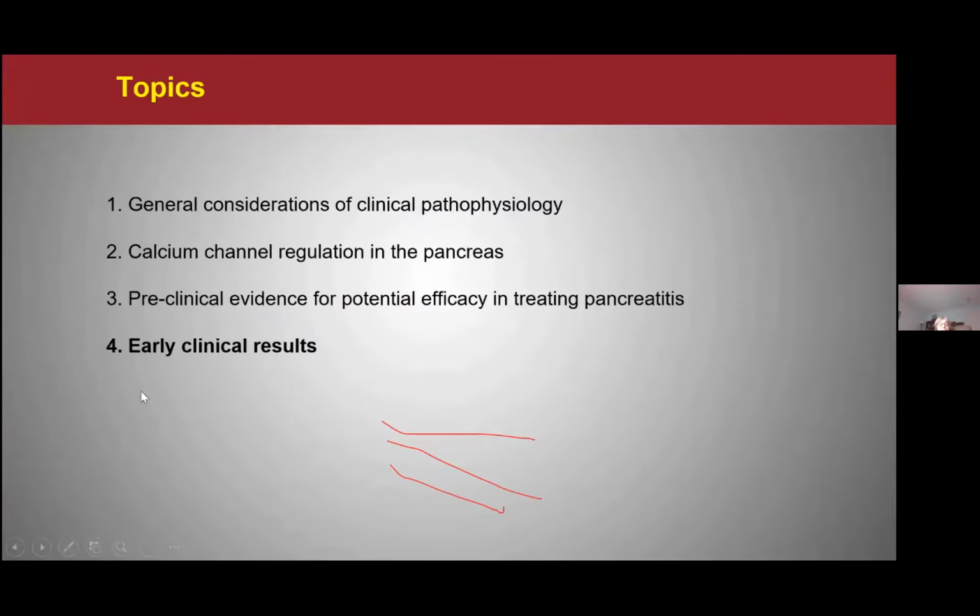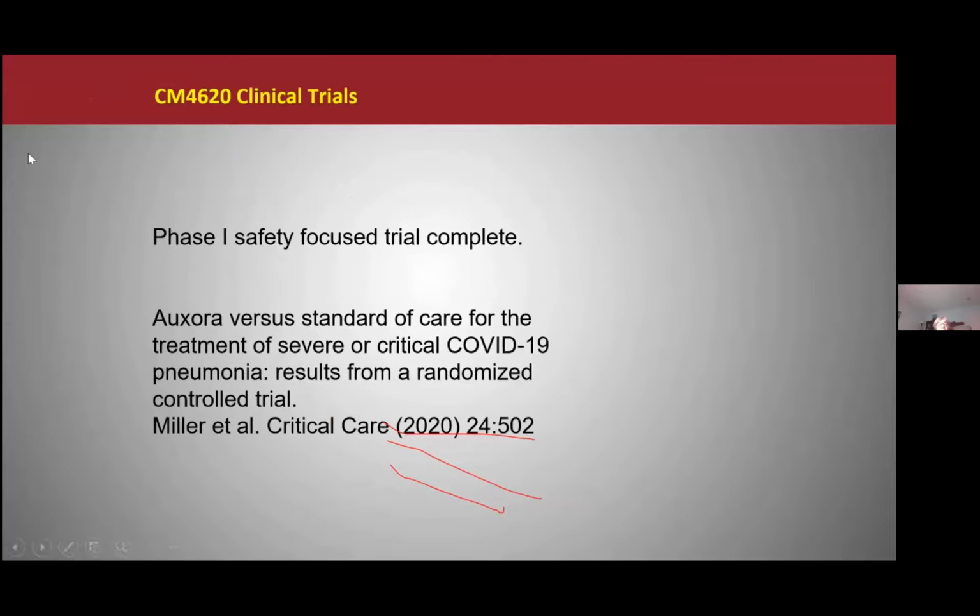The final topic is any evidence of benefit in early clinical trials. Using the same compound that I've described, CalciMedica has completed phase 1 safety trials without safety concerns, and they have been given the green light by the FDA to go forward to phase 2 trials.